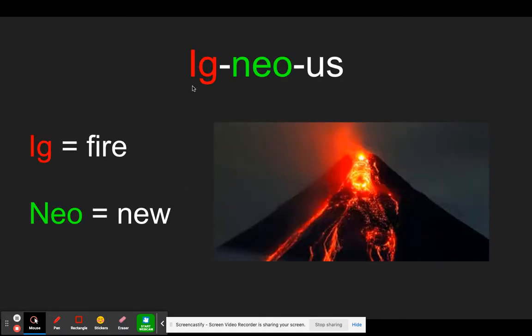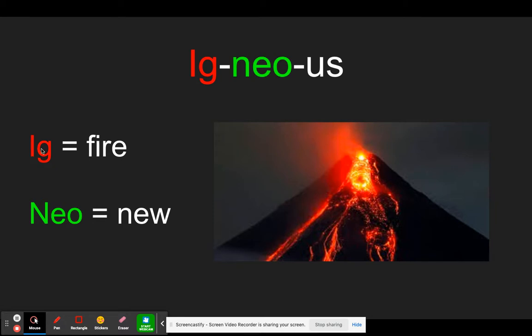Okay, so igneous. I know in your English language arts class, you're learning about Latin and Greek roots, and here are a couple for you. So the prefix ig, or that root right there, means fire. So think of ignite. If you're going to ignite a fire or ignite something, that means you're lighting it on fire, right?